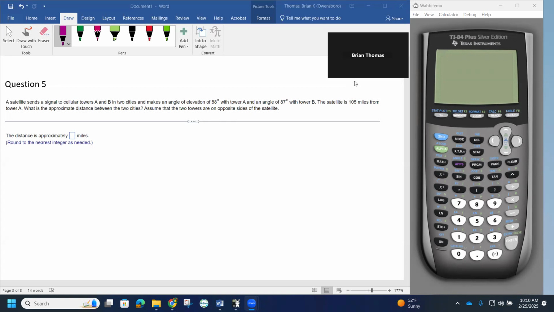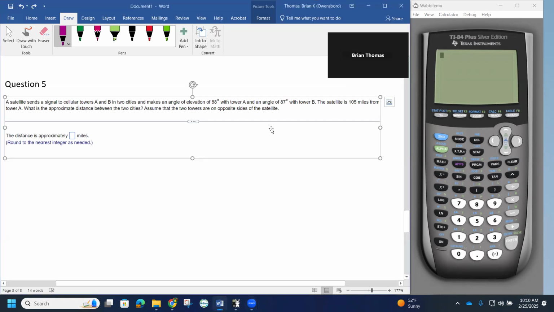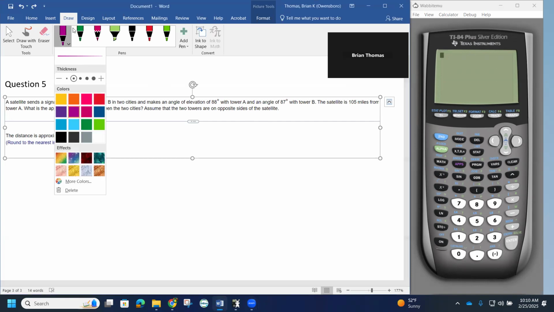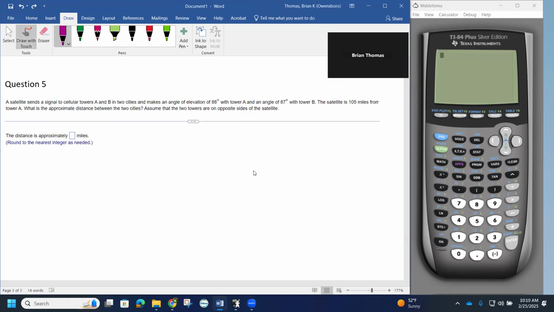So to do this, we're not going to draw a real pretty diagram, but I'm going to use a dot to represent the satellite in the sky. And then it says town A and town B are on opposite sides. So I'm going to put town A over here and then town B over here.